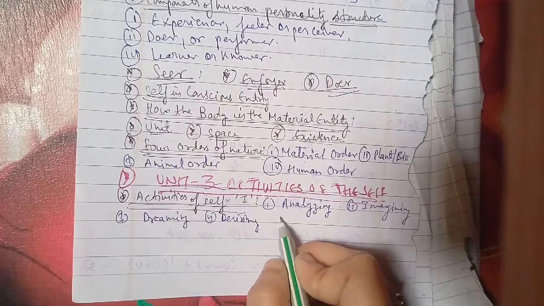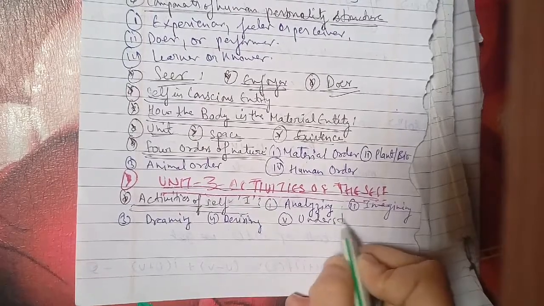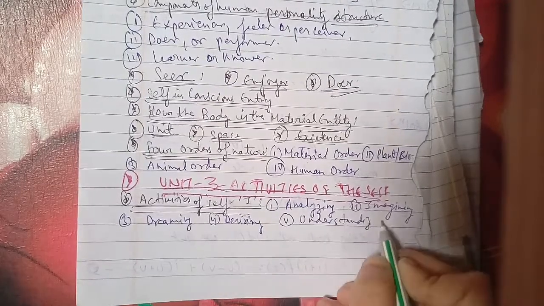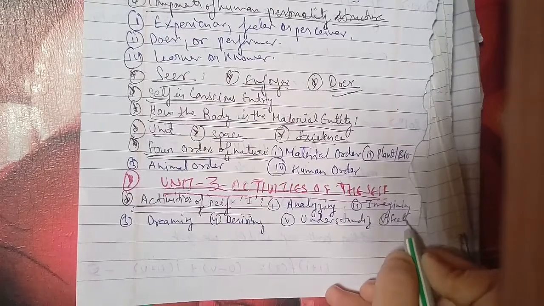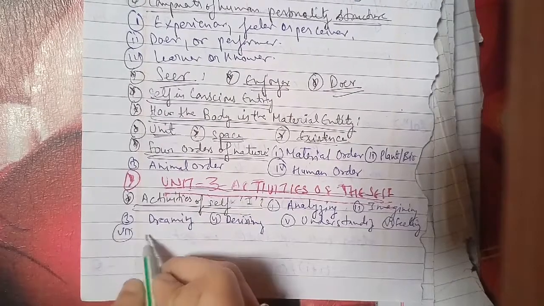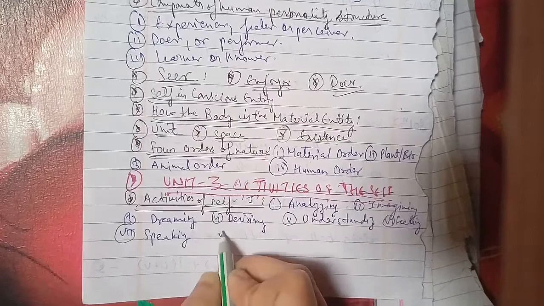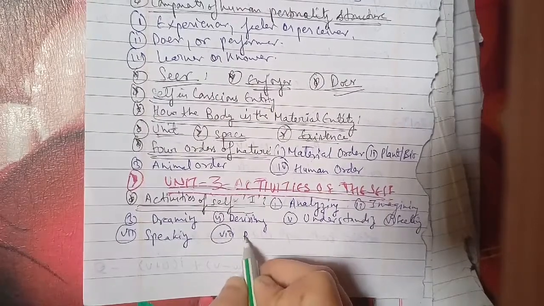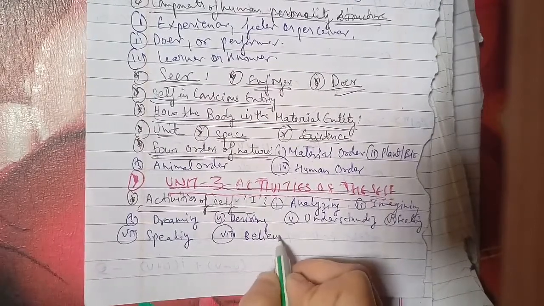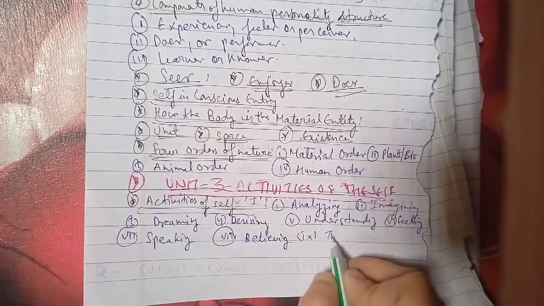Fifth is understanding. Sixth is feeling. Seventh is speaking. Eighth is believing. Ninth is thinking.